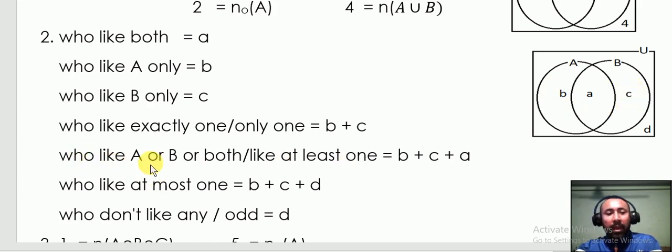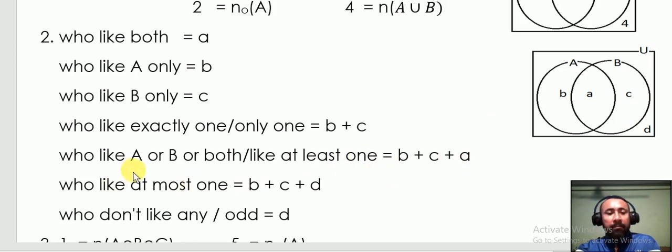Now, who like A or B or both, or it can be at least one. So for this, we will be adding three values: b, that's n not A, and a, that's A intersection B, and then lastly c, which is n not B. And in short, it can be told as n(A union B) also.